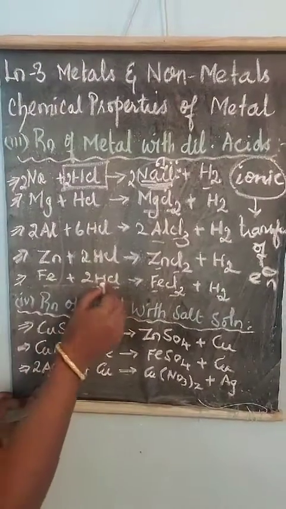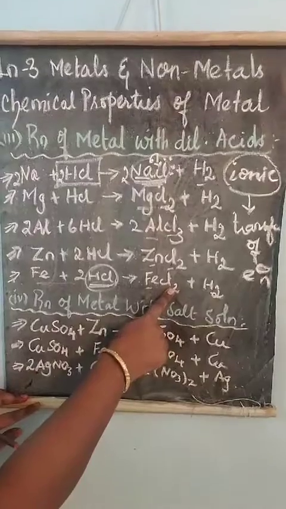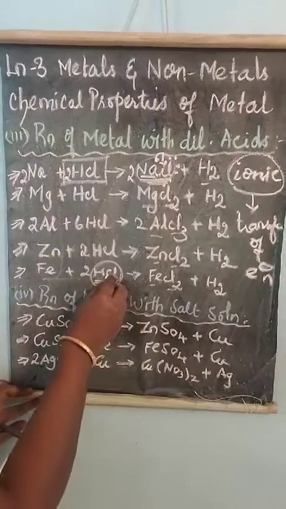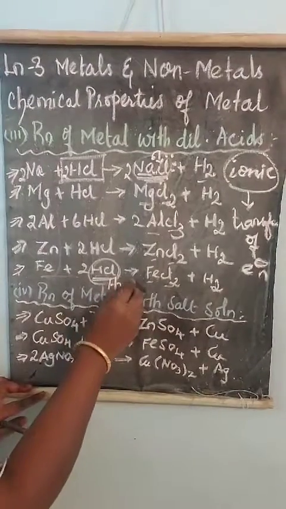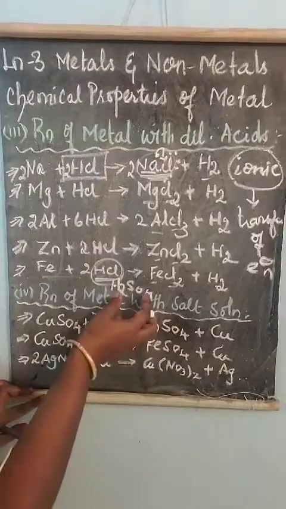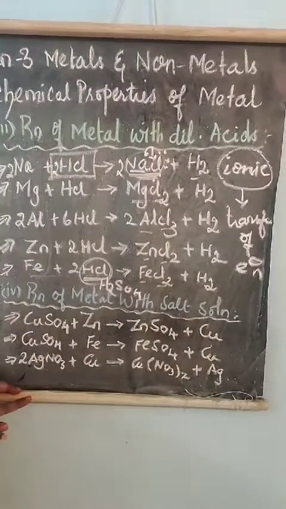As I have taken hydrochloric acid, the product obtained is chloride. Instead of HCl, you can take H2SO4, sulfuric acid. If you take sulfuric acid, the product formed will be in the form of sulfate.